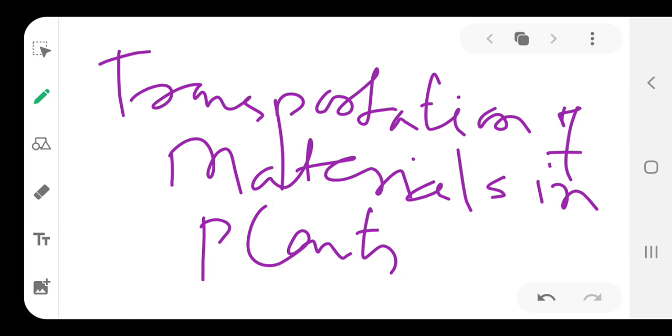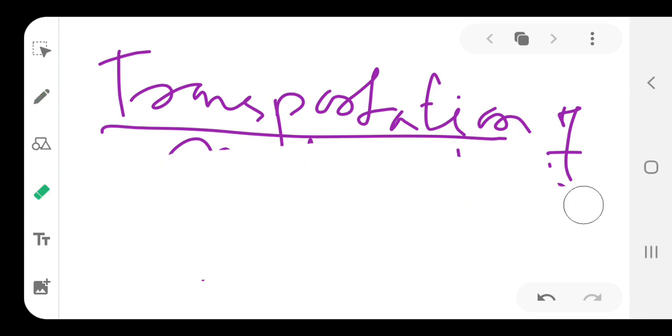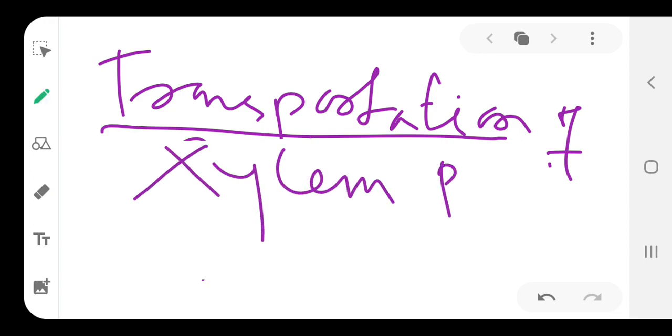Now as the topic states, the word is transportation of materials in plants. Plants require these materials at their respective sites for their life processes, so the headache for them is how to transport the materials. For this, they have two main tissues, though we have read about them last year, called vascular tissues, and they are xylem and phloem.